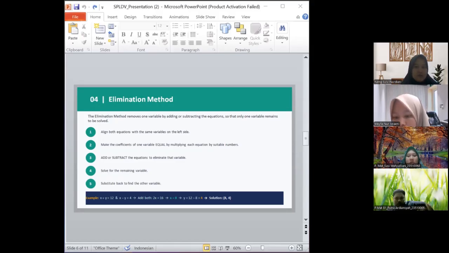If we add the equations, x plus y plus x minus y equals 12 plus 4, we get 2x equals 16. So x is 8. And then we do it again to eliminate x. So we have 2y equals 8. y is 4.